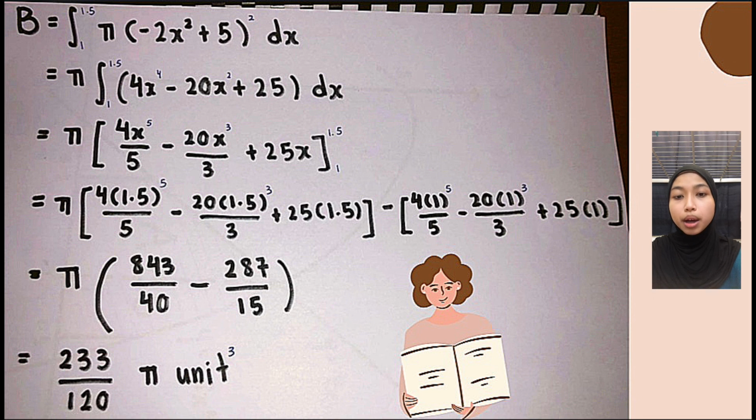It will become pi bracket 843 over 40 minus 287 over 15 bracket. The answer is 233 over 120 unit cube.